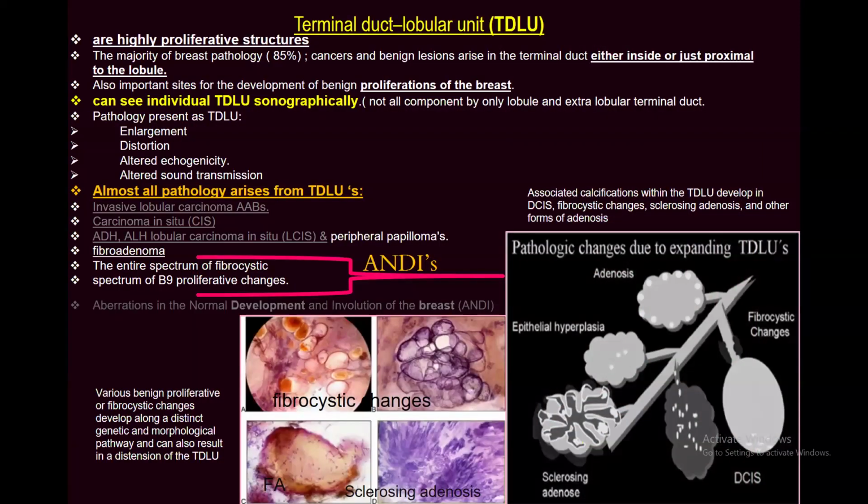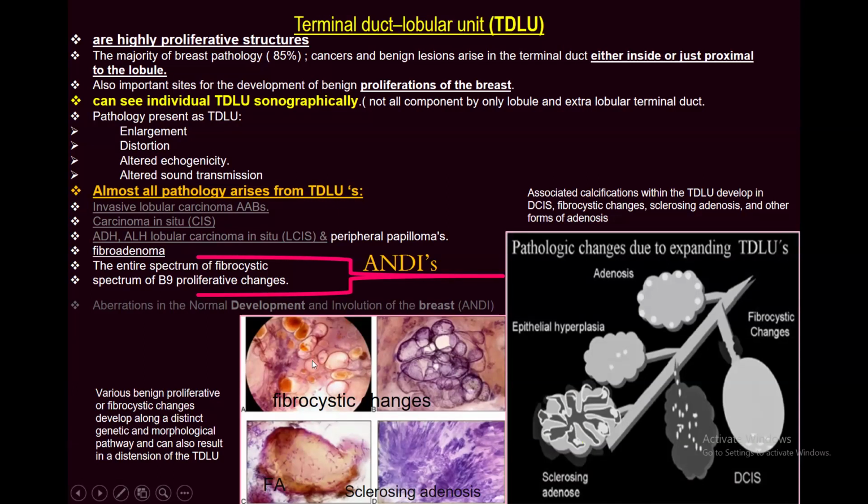Okay, again, here we can see the pathology arising from different parts, and this image can represent adenosis from the terminal duct lobular unit, fibrocystic, DCIS, epithelial hyperplasia, sclerosing adenosis, all of these arising from the terminal duct lobular unit.